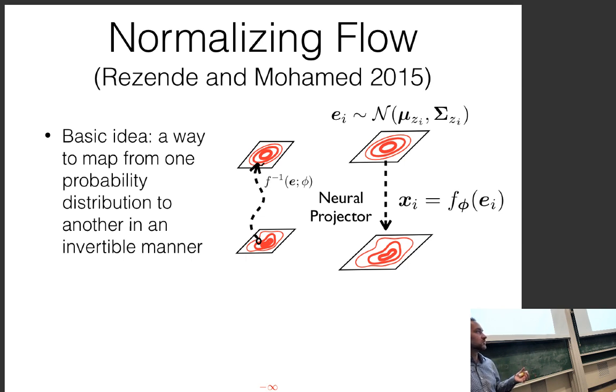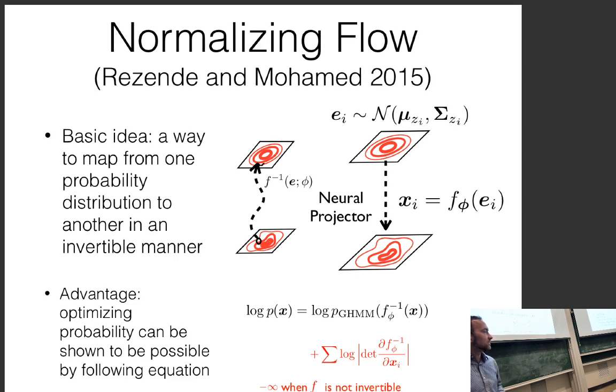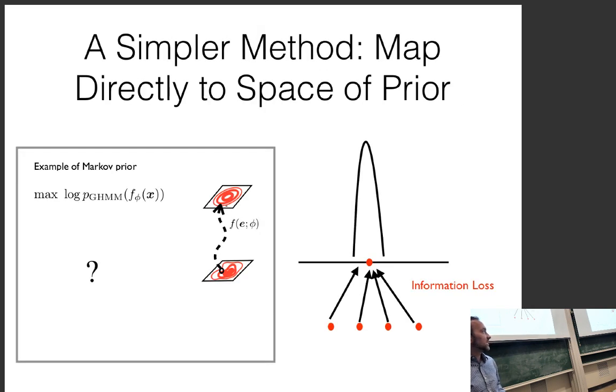But the condition on this neural projector, on this function, is this function also has to be invertible. So it has to be a function that there's a one-to-one mapping between all points in this space to all points in this space and vice versa. There are classes of functions that you can come up with and do this. And the reason why this is good is we can now optimize a very similar function to the one that I talked about before. So basically we have a Gaussian hidden Markov model over the mapped space.